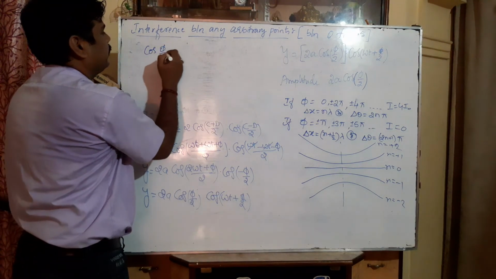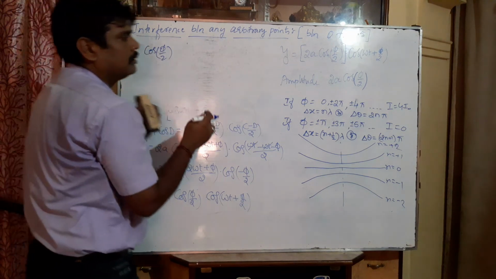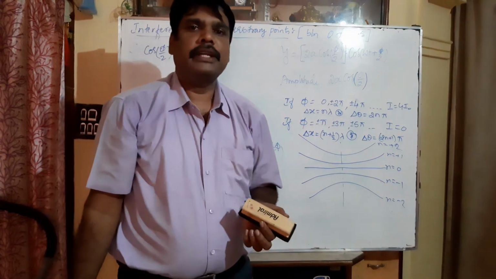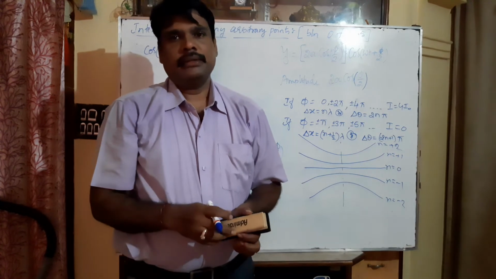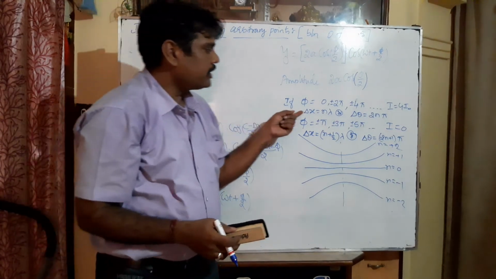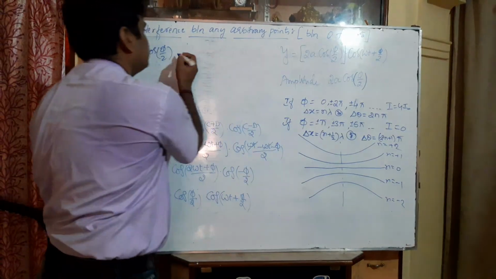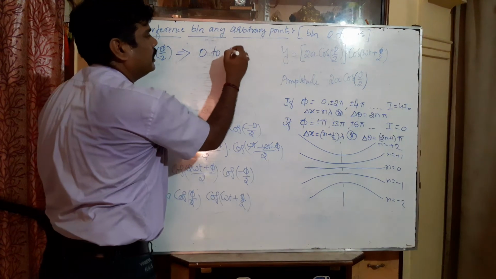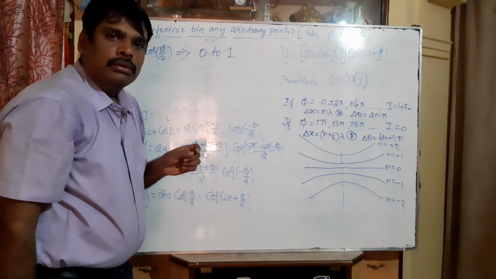If I take the average of 10 numbers, how do I do it? You add all 10 numbers and divide by 10. Here the value of the cos phi by 2 function lies between 0 to 1.